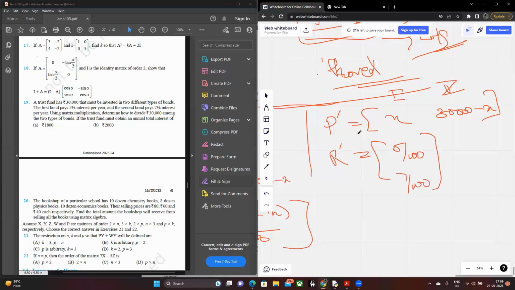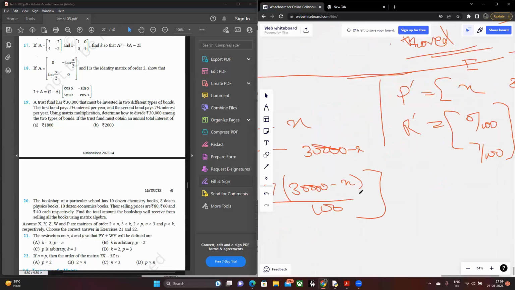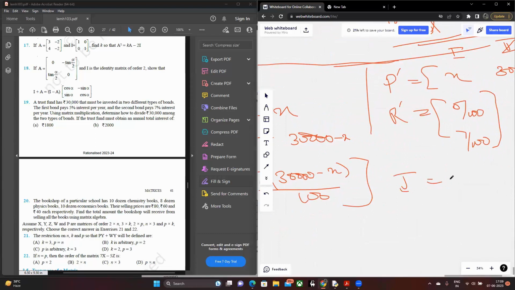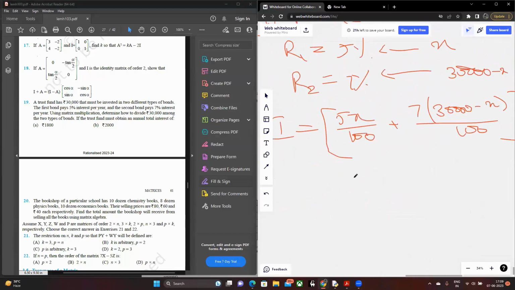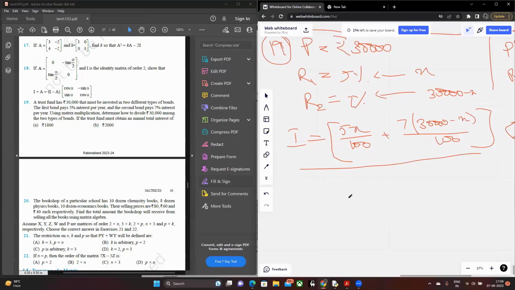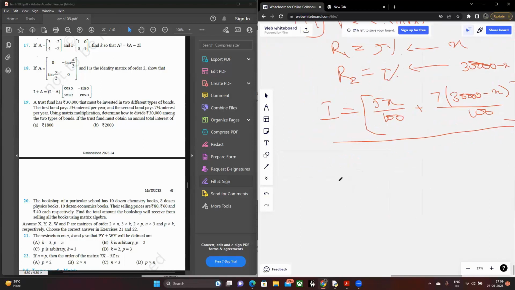I'm representing the principal amounts, that is the invested amounts, as a row matrix, and the rate as a column matrix, because only then can I get interest as P dash into R dash. This is 1 cross 2, this is 2 cross 1, and I can have only one interest because the interest is going to be cumulative. So this is going to be the expression of my interest.